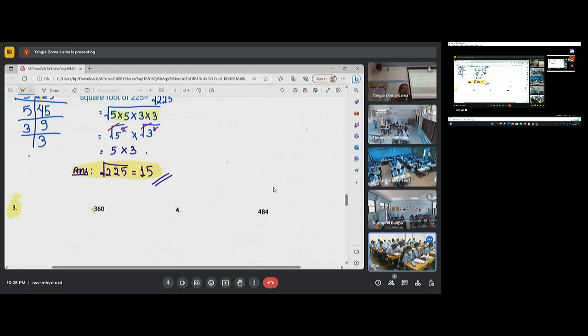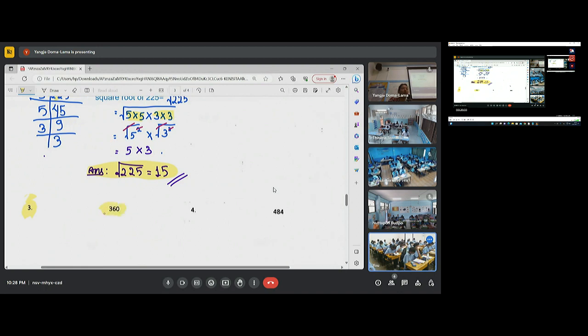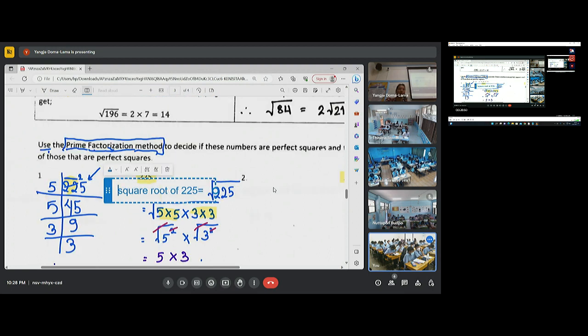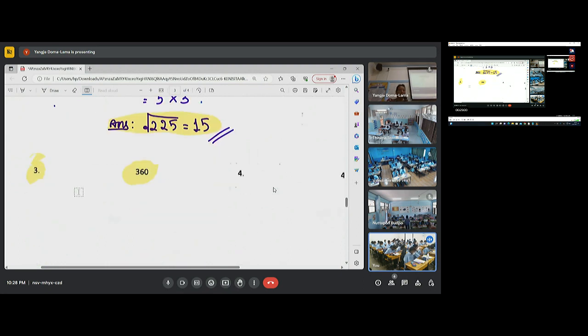What is number 3? How do you read this? 360. So we find the square root of 360. Now we find the square root of 360 is equals to, how do you write the square root of 360?